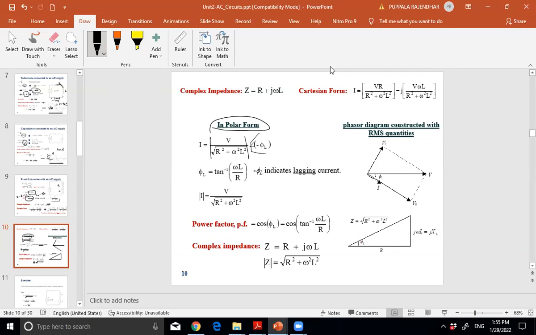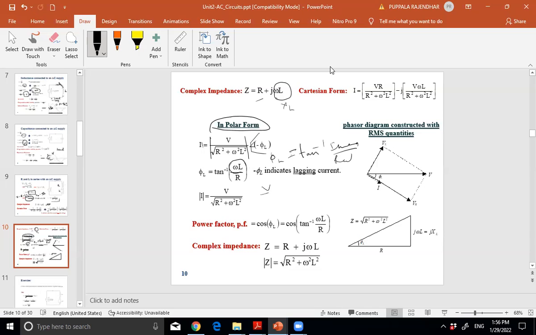The angle phi is equal to tan inverse of imaginary by real. Imaginary is XL, by the real part R. And the magnitude is V by Z.